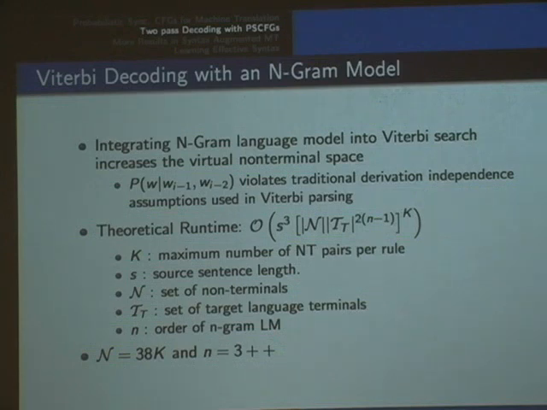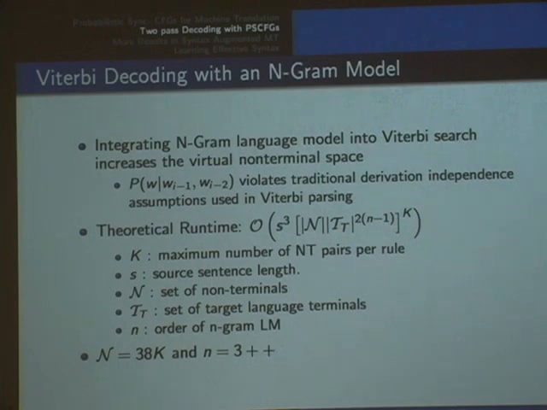So the theoretical runtime of introducing this Ngram language model gets really hairy real fast. Right? So we have the basic s cubed, where s is the length of the source sentence. We have the basic s cubed for the chart-based decoding, but then we have this huge grammar constant sitting out on the side. Right? And there's a couple of important terms that it's based on.